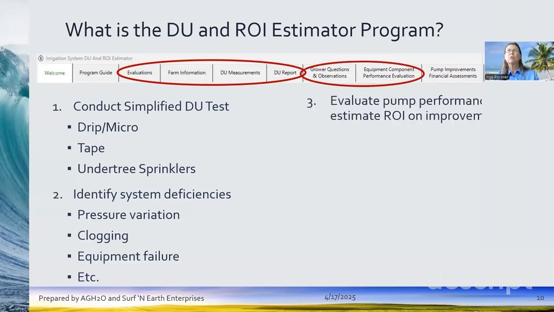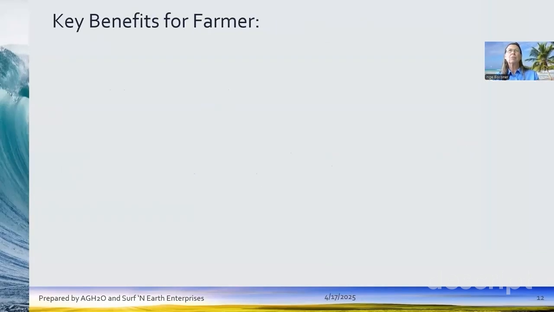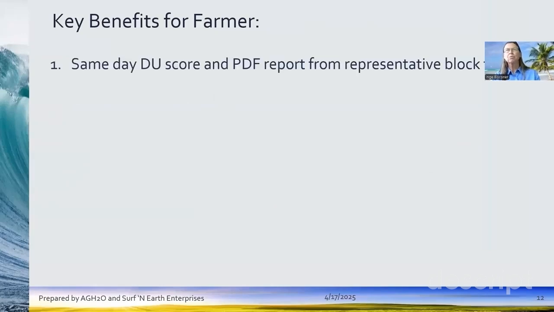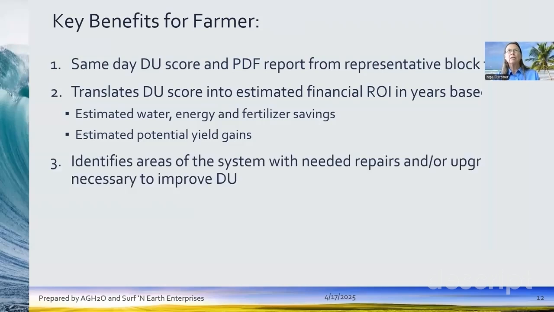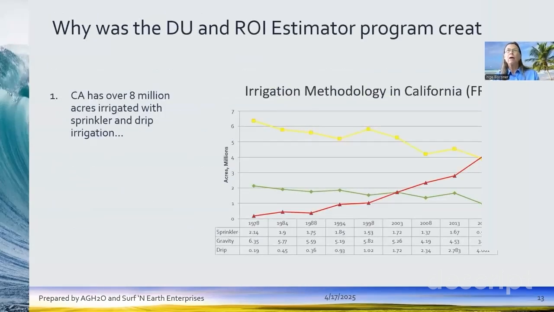An overview of the program that Jim just did in a slide or two. How much can I afford to spend if I were to improve my DU from the score to a 0.9? What the benefits are of the program to the farmer, and why was it created?